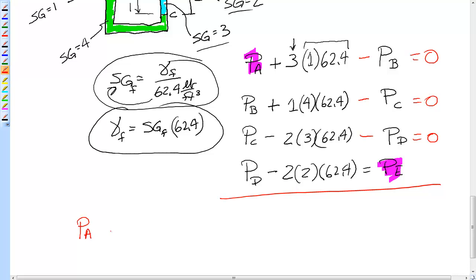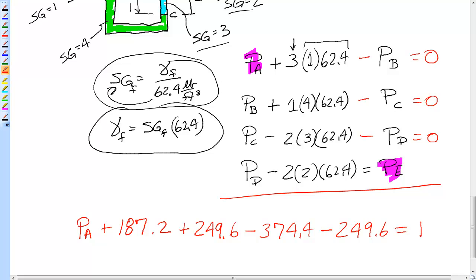You get pressure A plus 3 times 1 times 62.4, which is 187.2, plus 4 times 62.4, which is 249.6, minus 2 times 3 times 62.4, which is 374.4, minus 4 times 62.4, 249.6, equals PE.